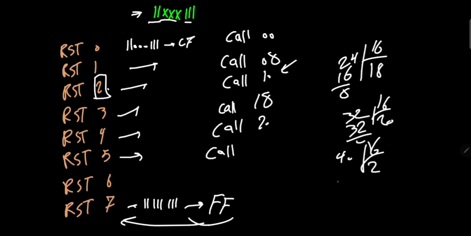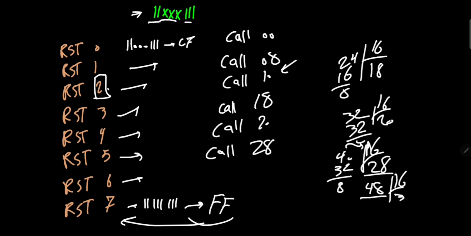You know, when you want to convert the decimal to hex, you say 40 divided by 16 is 2. We have 8 as the remainder. So we have 28 as the hex equivalent. 6 times 8 is 48 divided by 16 is 3, and the remainder is 0, right? So this would be 30.